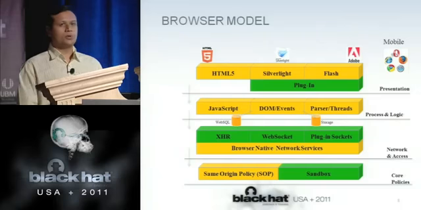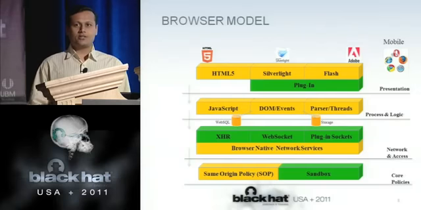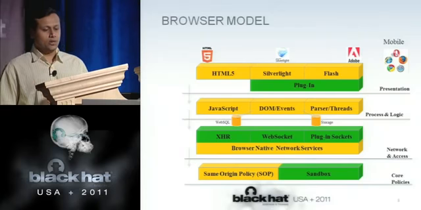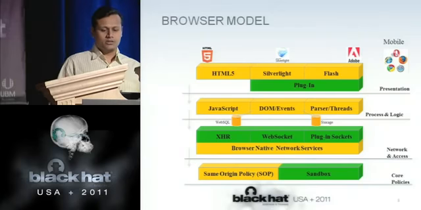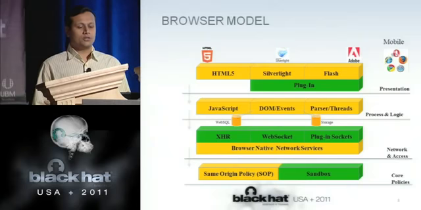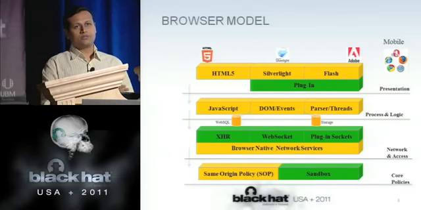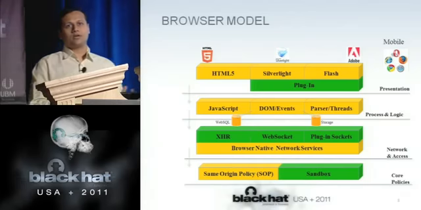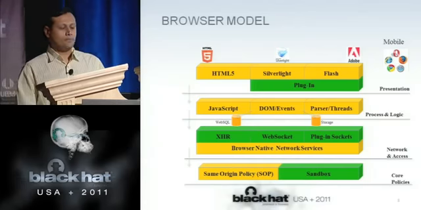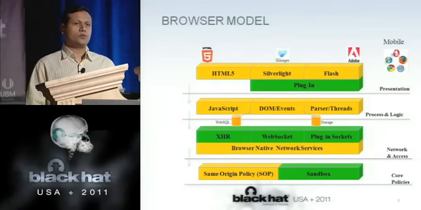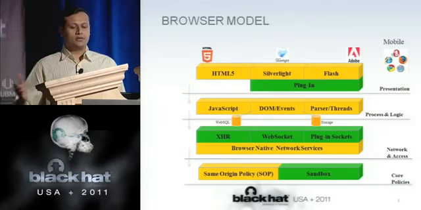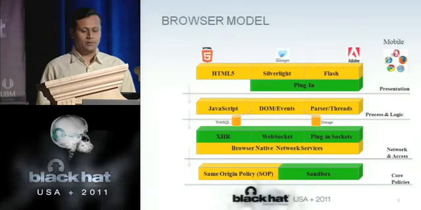HTML5 is native to the browser, while Silverlight and Flash need a plugin beneath to run. Pretty much all these technologies are supported across browsers. With HTML5, some browsers support some set of technologies, others do not. I think Chrome 5 is supporting HTML5 fully, and then IE and Firefox are supporting it in their limited capabilities.